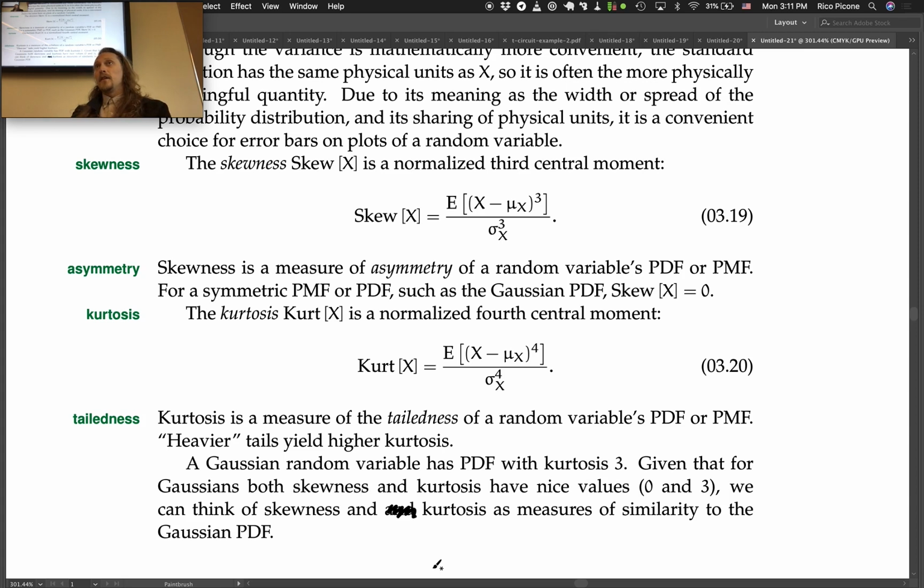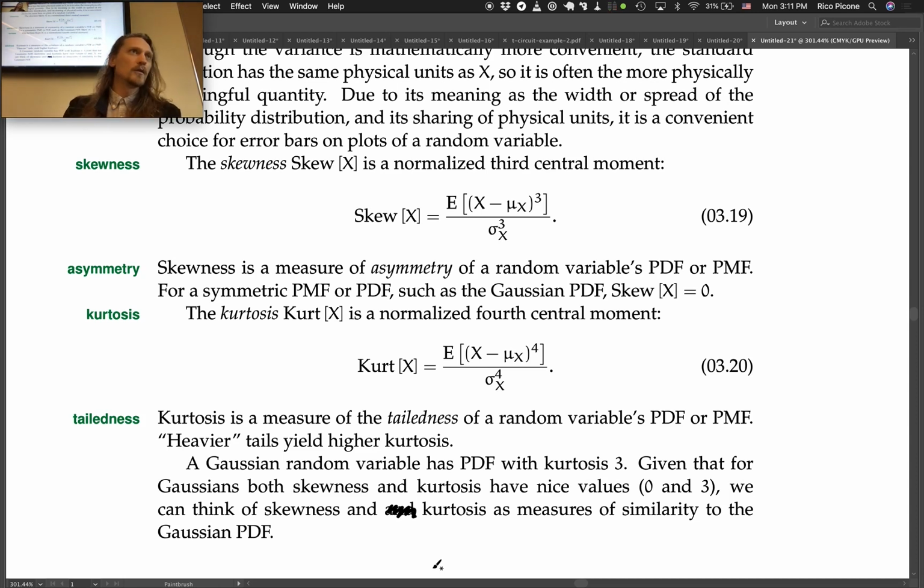And if you're expecting only nice Gaussian noise, like thermal excitation of your circuits and whatnot, and you check to see what the skew and kurtosis are for your actual measured values, which is something we'll learn how to estimate later from actual data instead of from a probability density function, what you can do is see, is this very Gaussian?